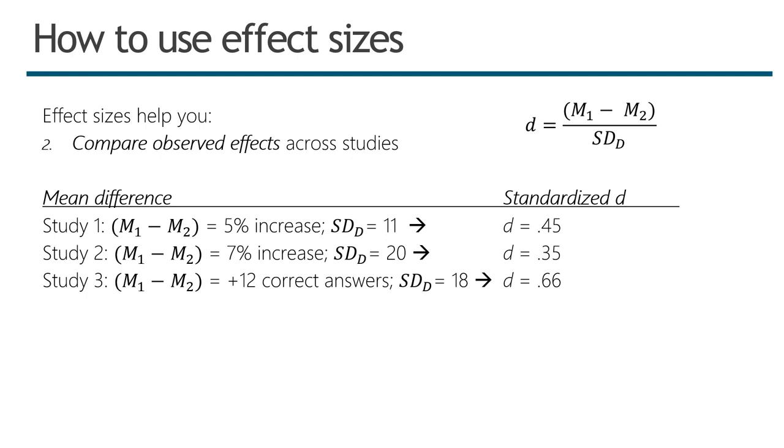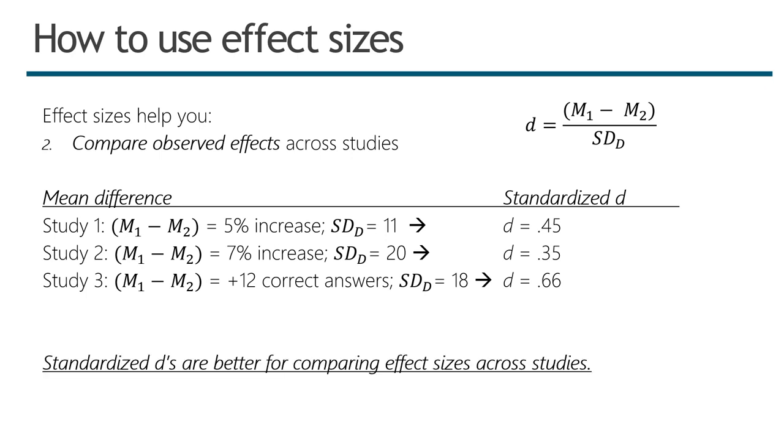But after we convert this data over to a D, we will find that it had the largest effect size. This might be the most effective intervention of all 3. The key point here is that standardized Ds are the better choice when comparing effects across studies.